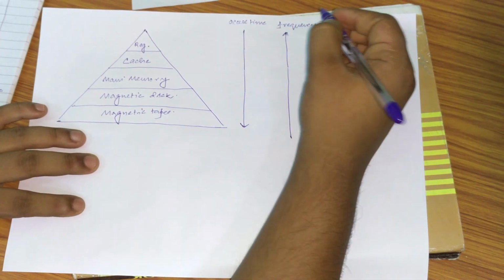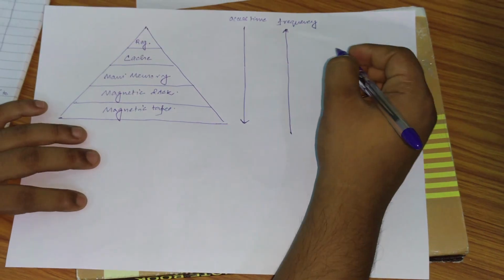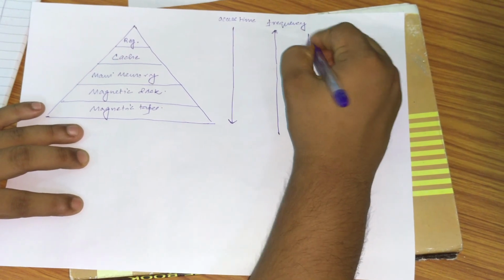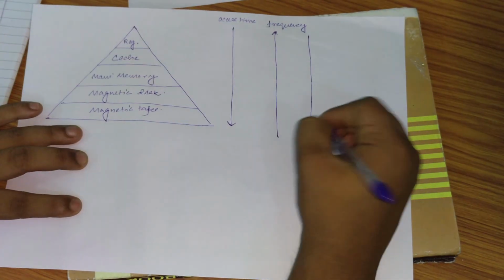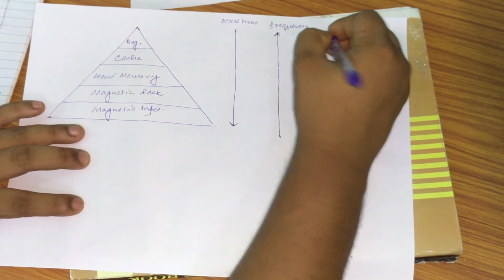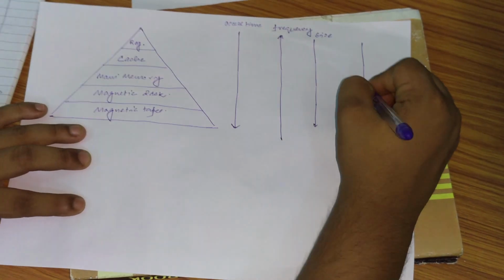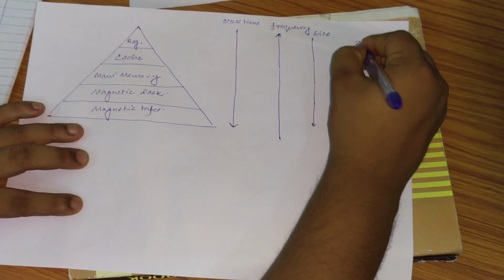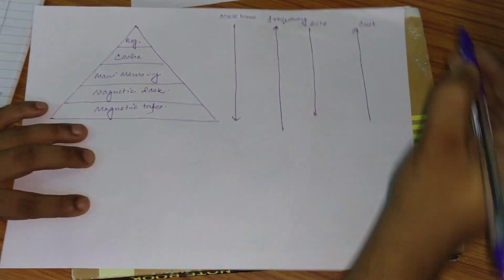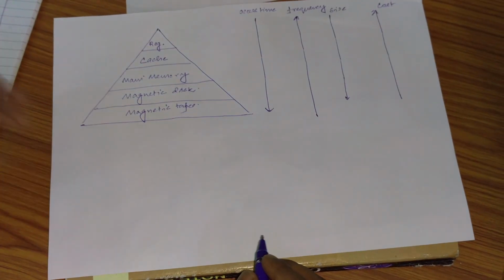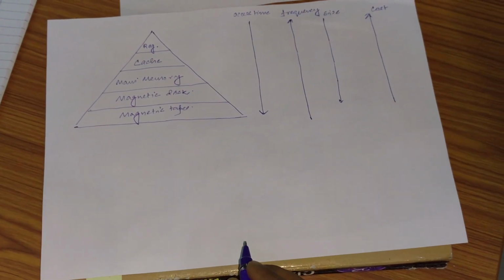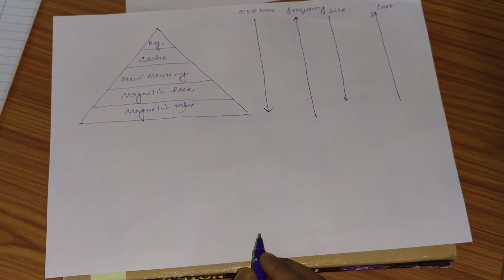Frequency means the usage, how many times we are using the memory. And if we go down, the size increases, as I have told you, and the cost increases if we go up. So in this way we can see the memory hierarchical organization in a pyramid fashion.